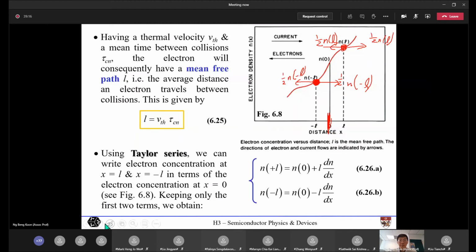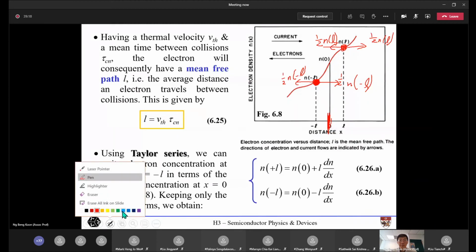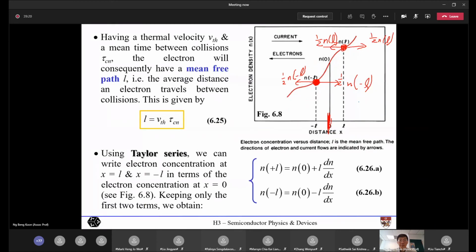So what you can see is that the components that would give rise to current at x equals 0 are this one, which moves to the right from the left hand side, and this component that moves to the left from the concentration on the right hand side. These two will contribute to the current. So the resulting current that you're going to get due to diffusion is the net effect due to these two components.